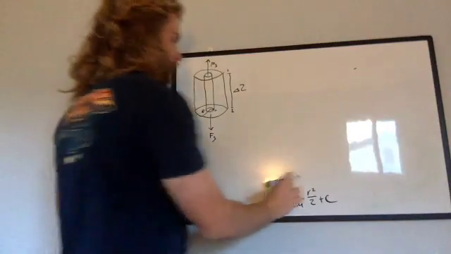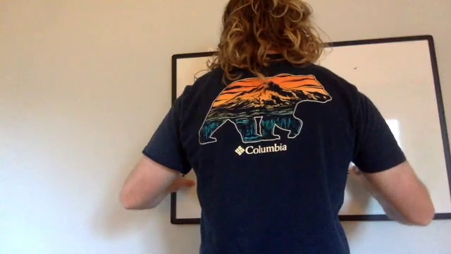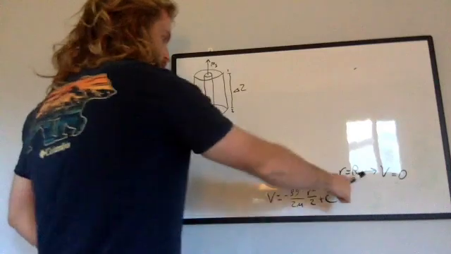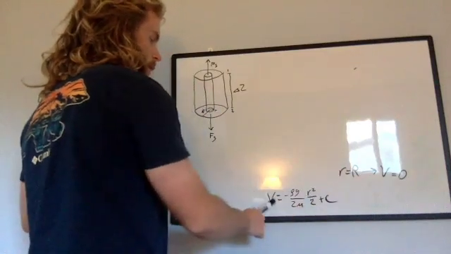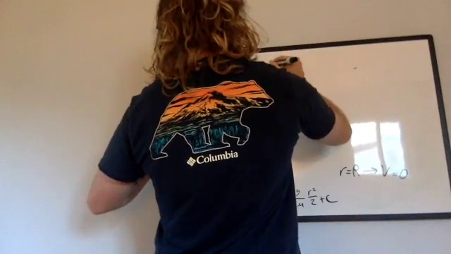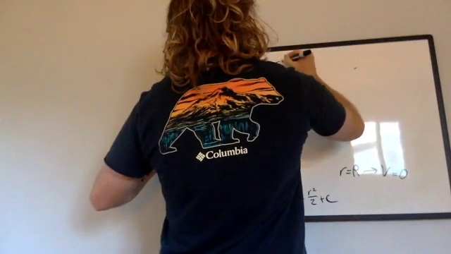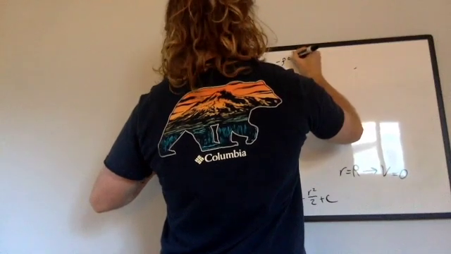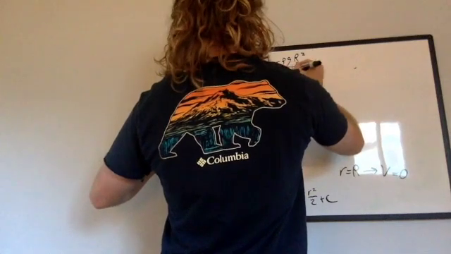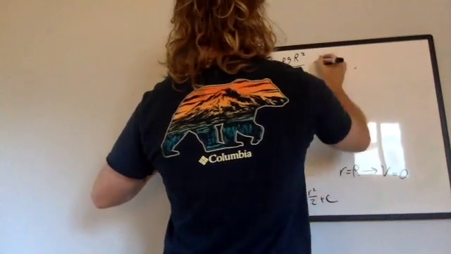So we can solve this right here for when r equals R. We know that v is going to be equal to 0. And then we can go ahead and solve for c using this. So we're going to substitute big R in for r, and we know that v is going to be 0. So we'll go ahead and write that out. 0 is equal to negative rho g big R squared over 4 mu plus c.